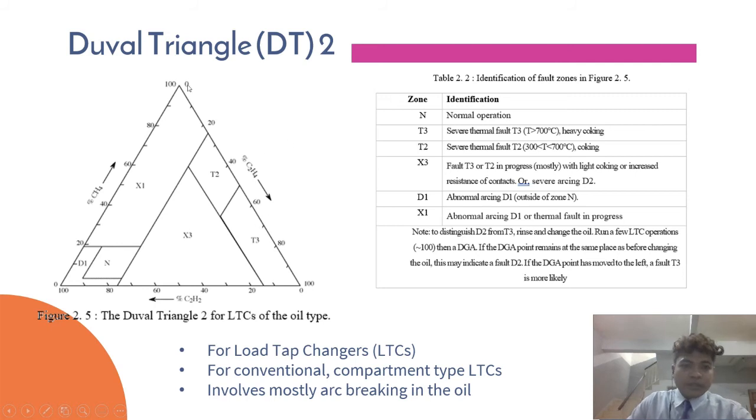The DUVAL triangle 2 is used for load tap changer transformers, which in short term is LTCs. DUVAL triangle 2 is used for conventional compartment type LTCs, which involve mostly arcing in the oil. So we can see that the DT2 is different from DT1. The region of the fault is different. In the table is the identification of the fault zone in the DT2.